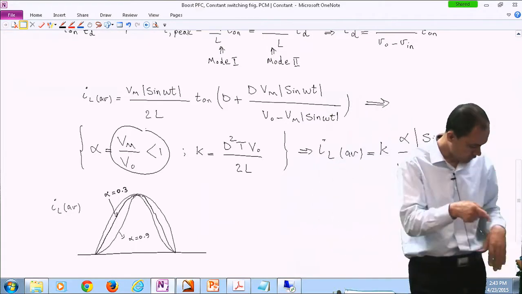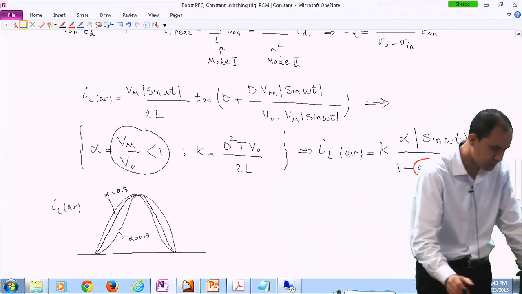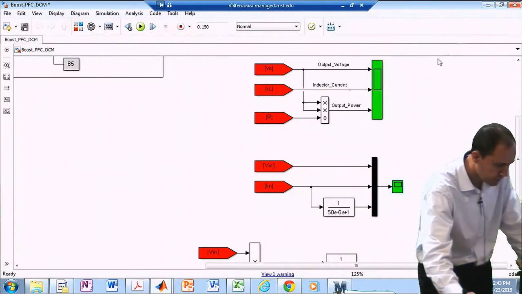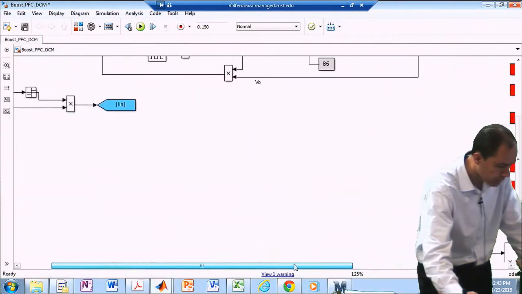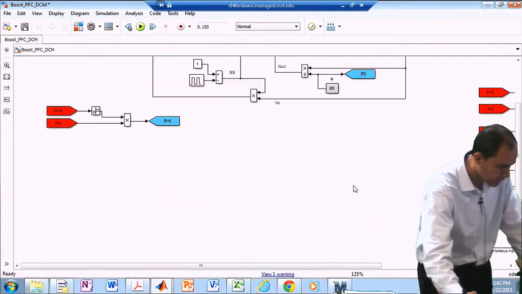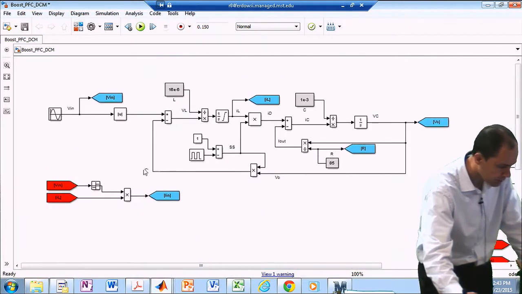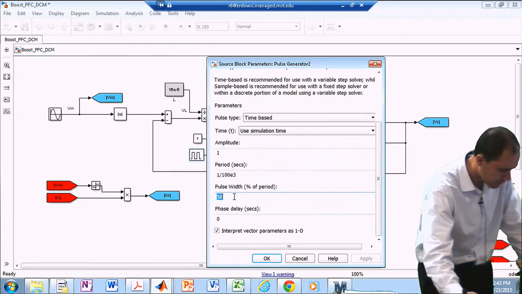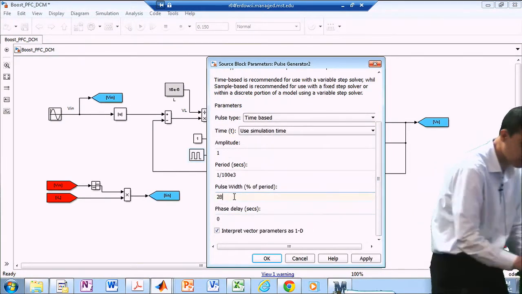So I was trying to show that in the simulation. Unfortunately, it didn't work. Let me give it another try. This time, instead of playing around with T on, let me play around with the value of the load resistance, because they both have the same impact. So let me do this 28%.